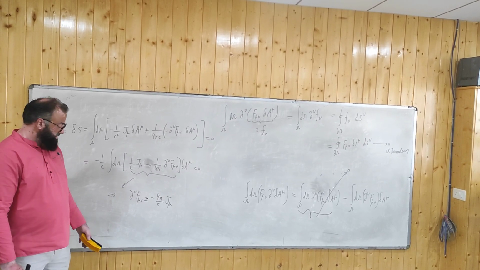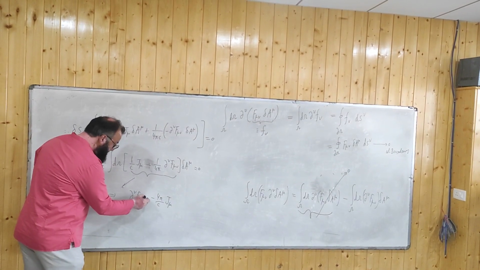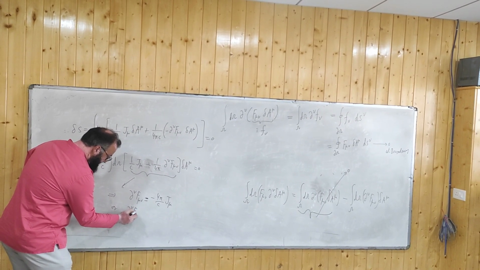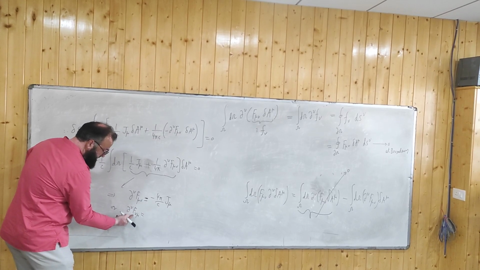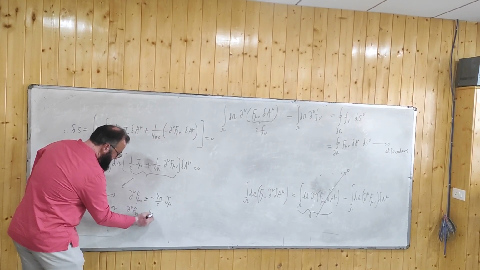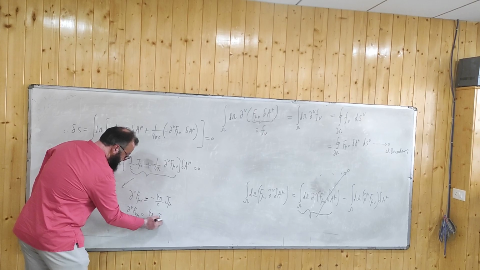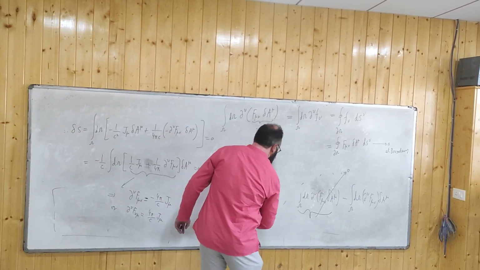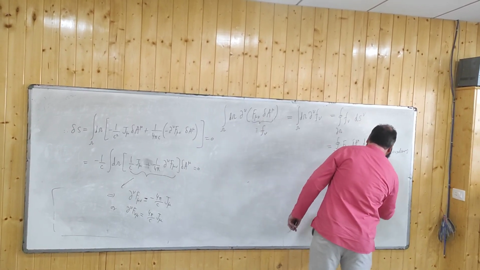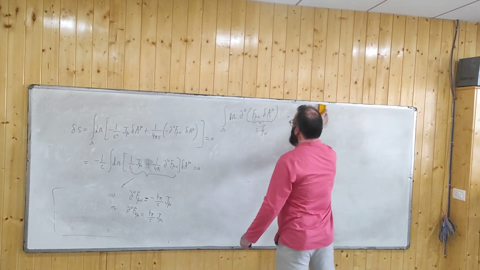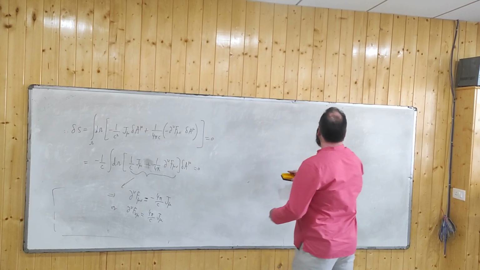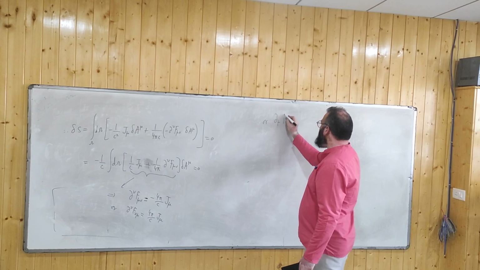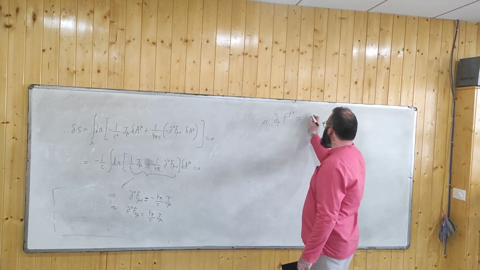So you can rearrange the indices: partial mu F mu nu is equal to 4 pi by c times J nu. Here nu is a dummy index and mu is a free index, so I will replace these two.